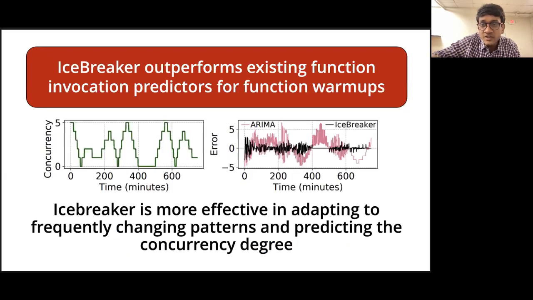With its FFT-based invocation prediction, IceBreaker is more effective in adapting to frequently changing patterns and predicting the concurrency degrees, as we see from here that it converges much faster than ARIMA, which is a technique that is used in the Serverless in the Wild paper from ATC 2020.